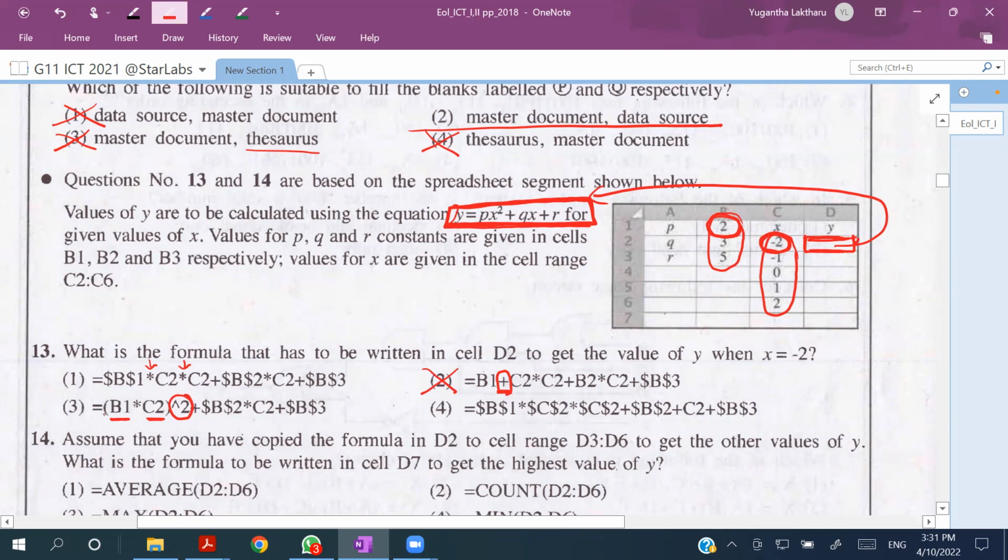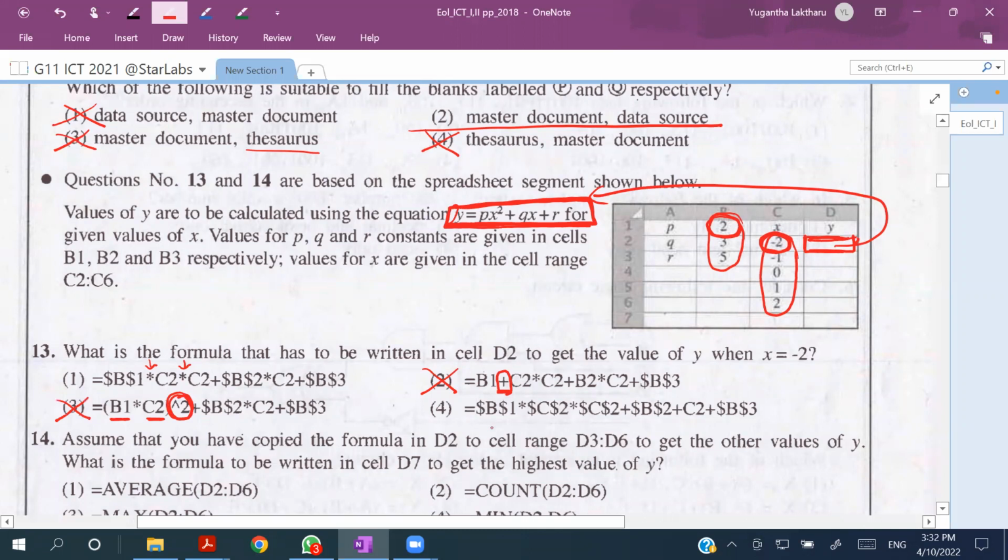We take B1 and C2 should be multiplied by C2 again, right? Otherwise, B1 into C2, if you think about the values, it's going to give you something different, right? So here we are facing a problem, so for that reason, we can take the third one out.